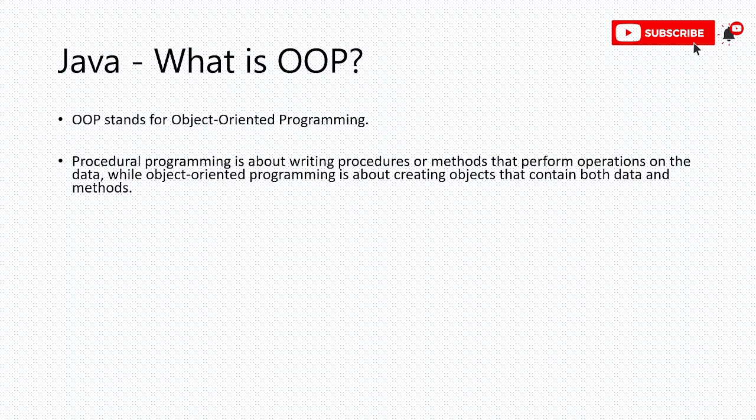It is a sequential form of writing code, while object-oriented programming is about creating objects that contain both data and methods. In procedural, you write the code about operations, while in OOP you separate the data or the properties of the object, and then the methods, which are the actions or operations of the object.